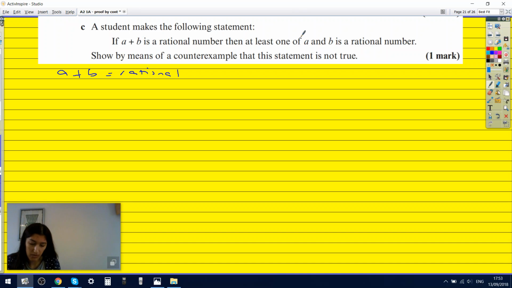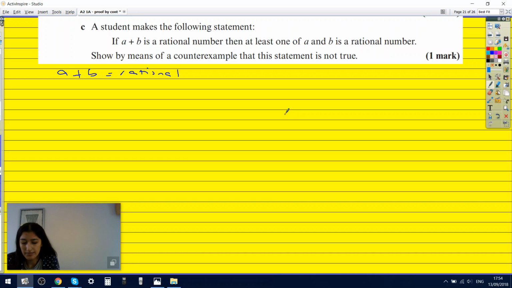But what two irrational numbers make a rational number when you add them? If a plus b is a rational number, and that statement is wrong, am I right? Oh yeah, we have to show it's not true.